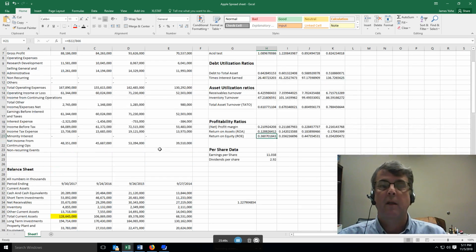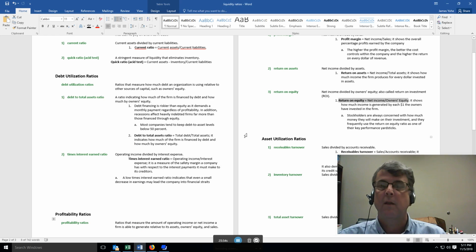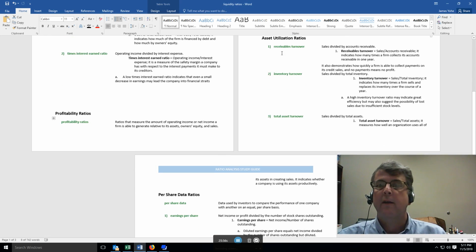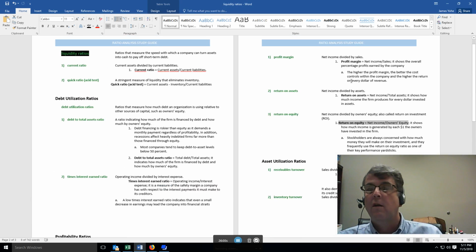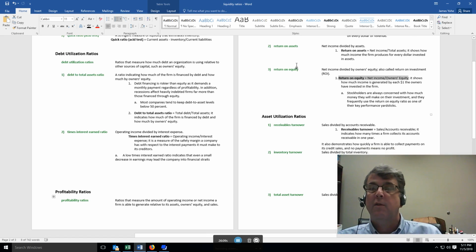The next thing we're going to look at are asset utilization ratios. Okay. Here, these tell us how well a firm is using their assets. So this tells us how productive they are with assets and equity in terms of a return.